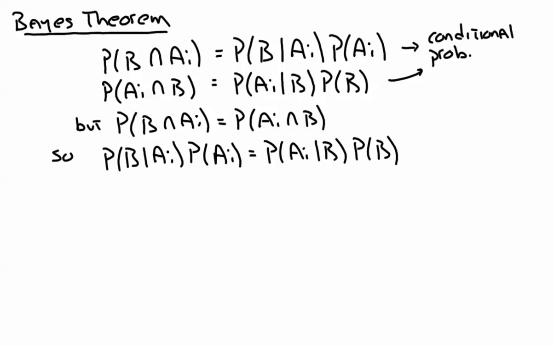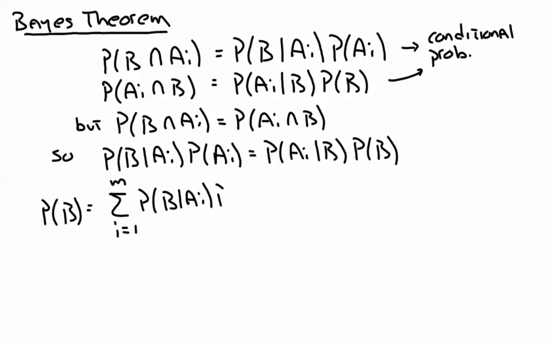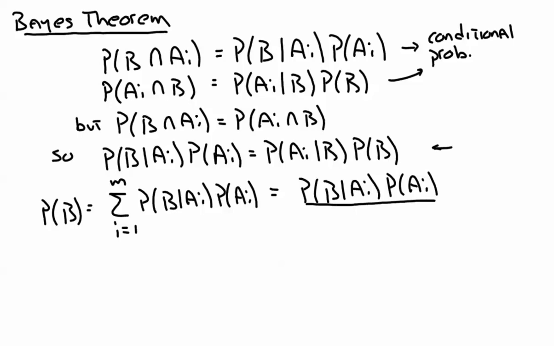From total probability, I say this. Probability of B equals, from total probability, the summation I equals 1 to M of probability of B if A sub I times the probability of A sub I. And from my relationship here, I can rearrange and get probability of B if A sub I times probability of A sub I divided by probability of A sub I if B. So this statement here is a statement of total probability.